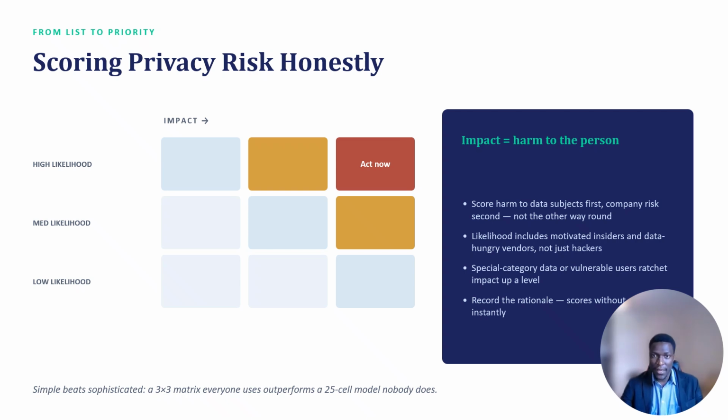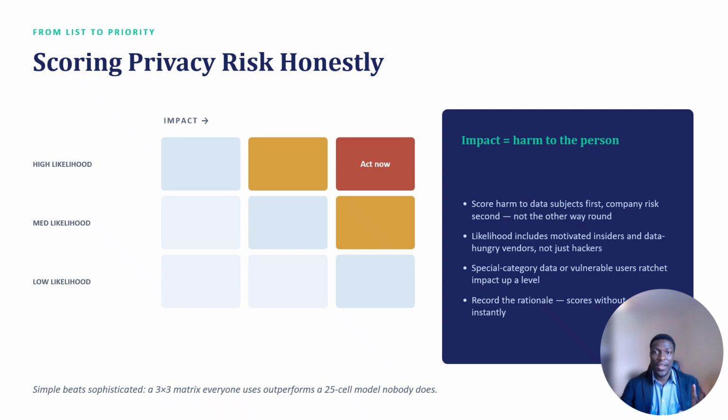Second, likelihood isn't just hackers. It could be motivated insiders. It could be data-hungry vendors, and scraping, for example, is often more likely than a data breach. Third, special category data or vulnerable users racket impact up a level automatically.